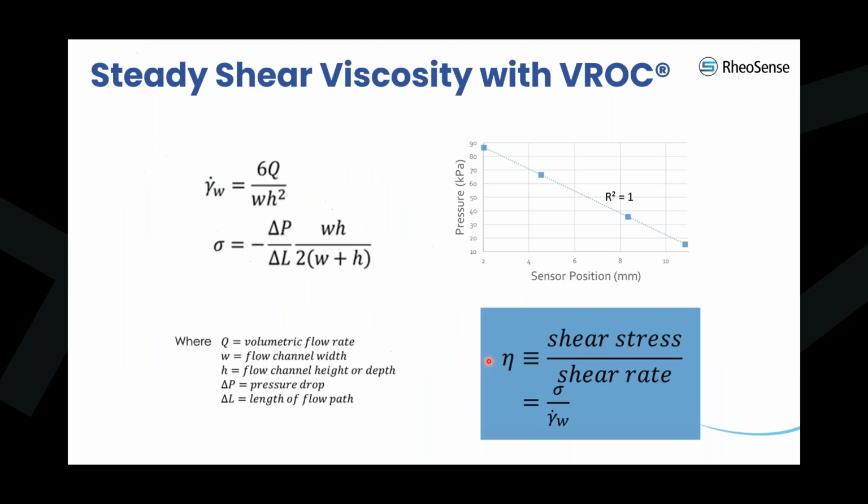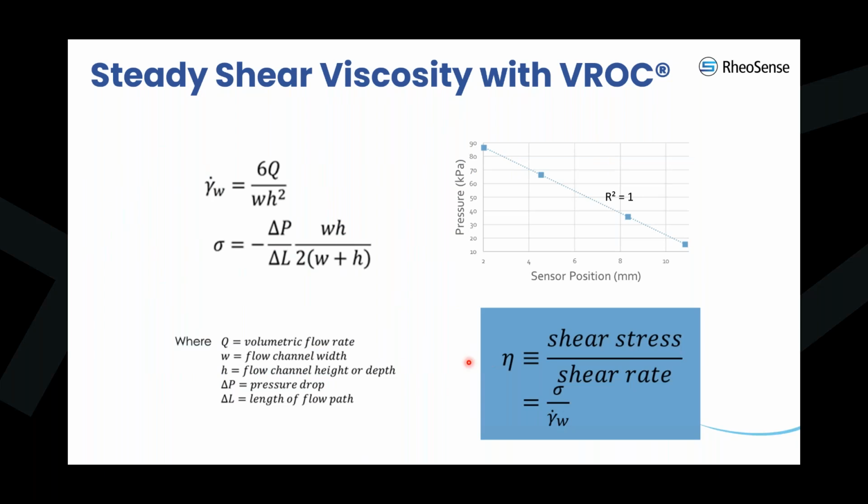Let's quickly look at how viscosity is actually calculated in the VROC system, and then we will continue with sharing the data and showing you how multi-point viscosity can help you understand the material better. So as we just discussed, the fluid flows through a microchannel at a known flow rate.